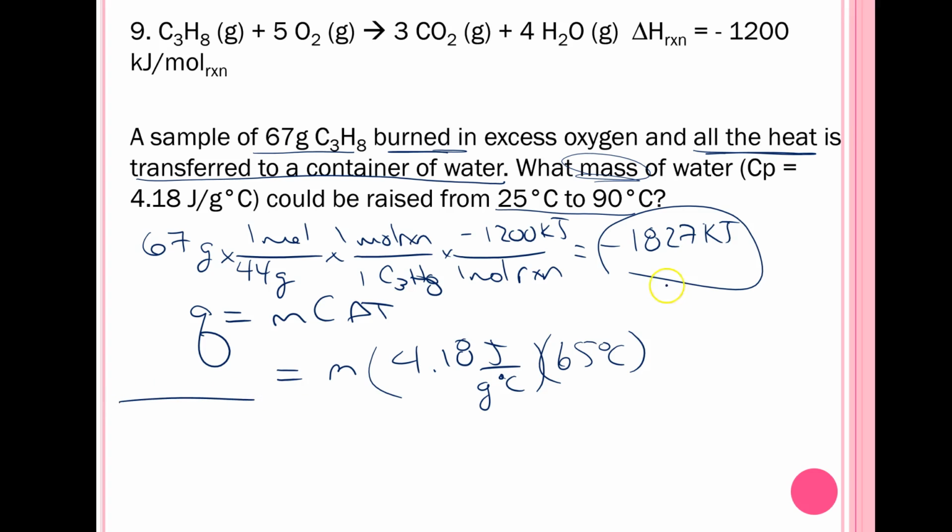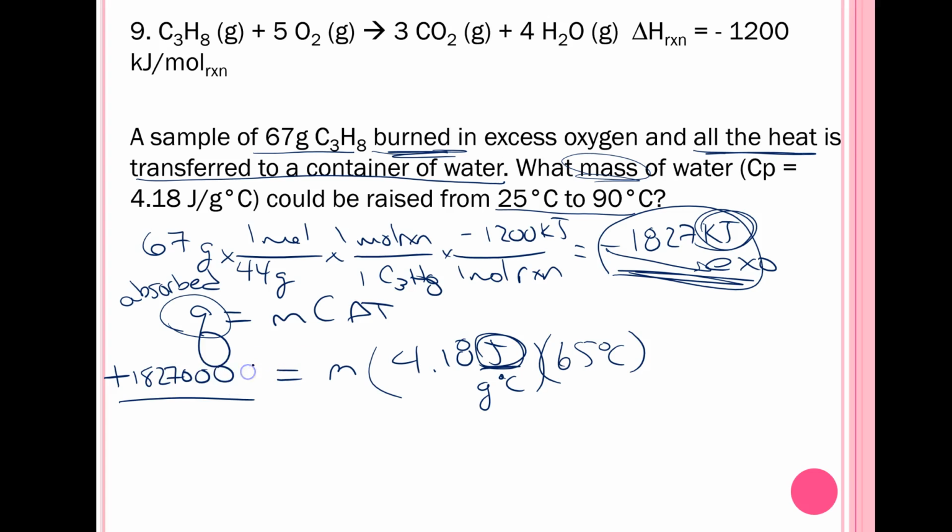But we need to put in the heat value. Well, here is the heat, and this is exothermic because it's burning. It's a negative value. It tells me it's exothermic. So when I put it over here, this heat is being absorbed by the water, so I need to make sure it's positive. The other thing I want to pay attention to is my unit here is in joules, and my unit here is in kilojoules. So multiply by 1827 times 1000 to make it in joules.